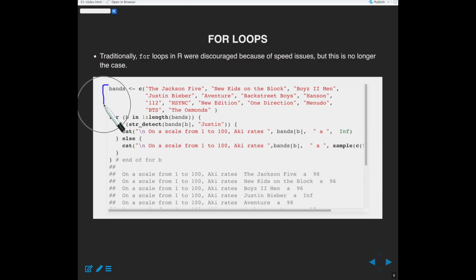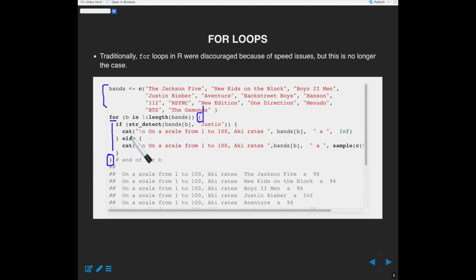Now I've set a vector of characters, a character vector, of all the boy bands that I could think of. And then for, here's our for structure, and this is our body, open, and our close is down here. Inside of it, we actually only have one statement, which is an if.